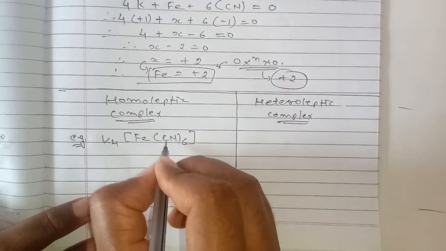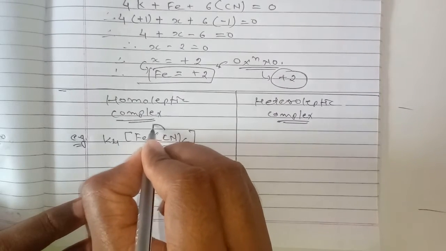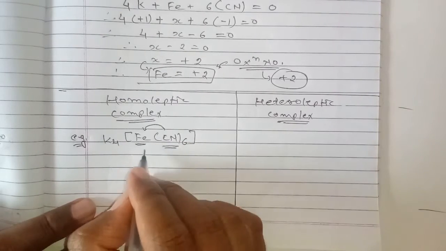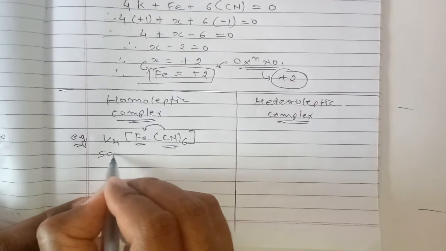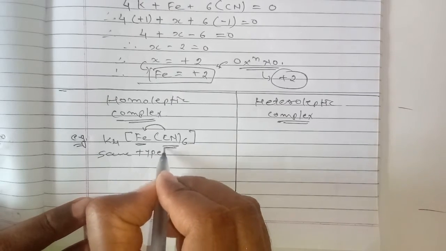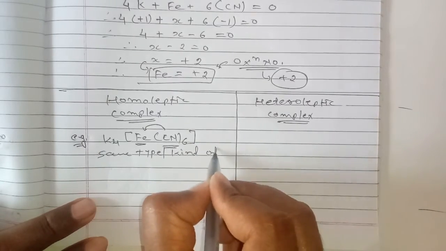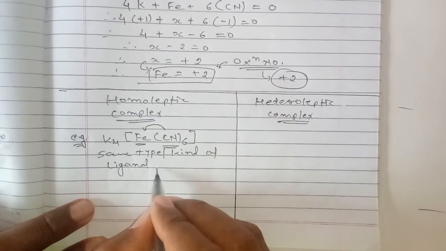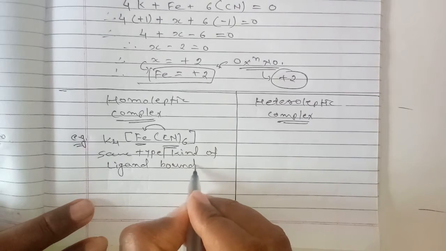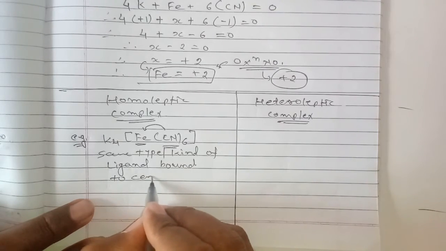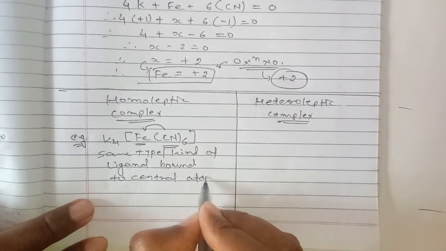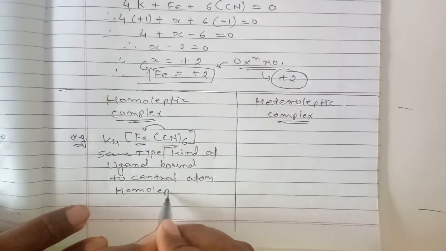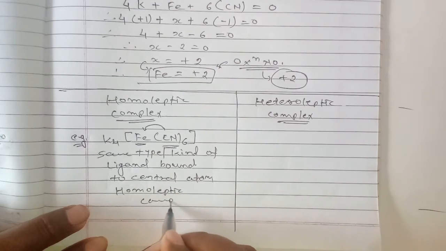Here this same type of ligand which is bound to the central metal atom, the same type or kind of ligand bound to the central atom, and it is called homoleptic complex.